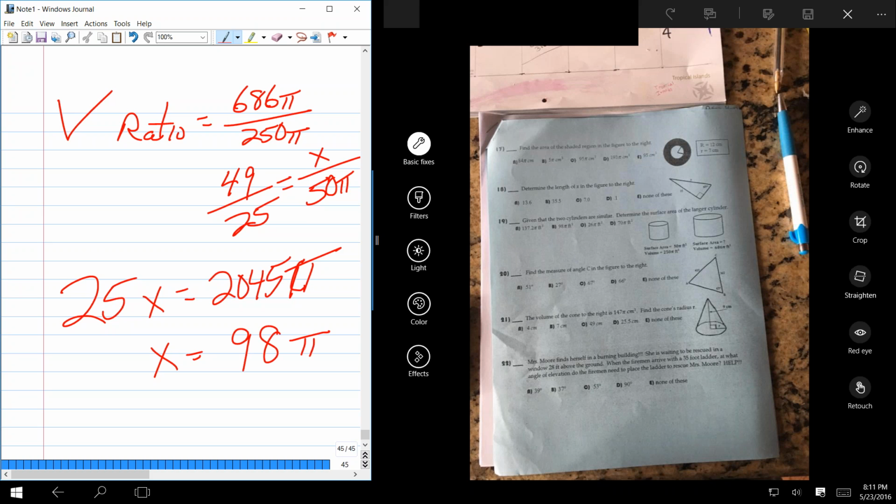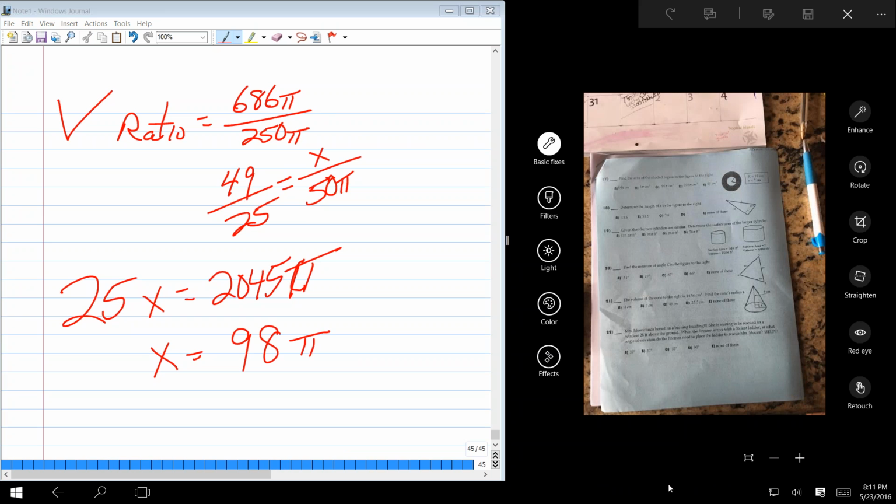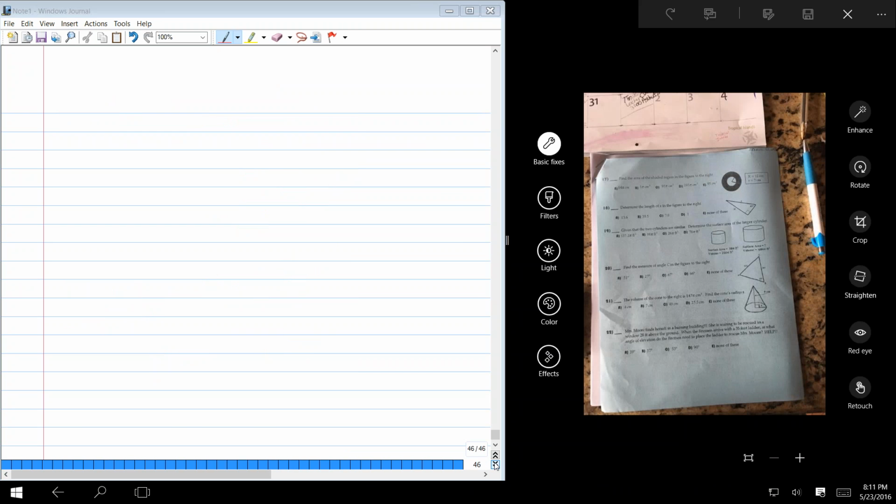Okay, cool. So all of those problems are exactly the same. The only thing you need to know is that if they give you an easy problem, they're going to give you the linear ratio.